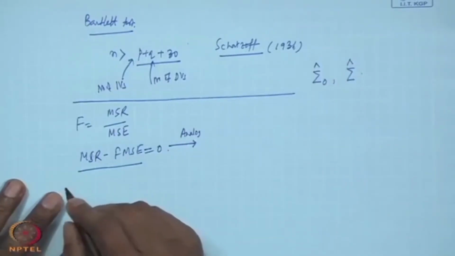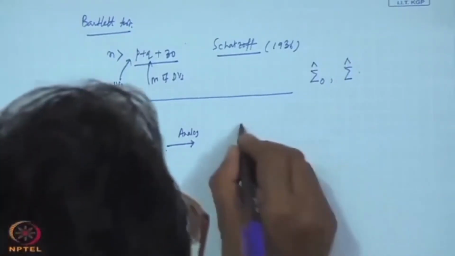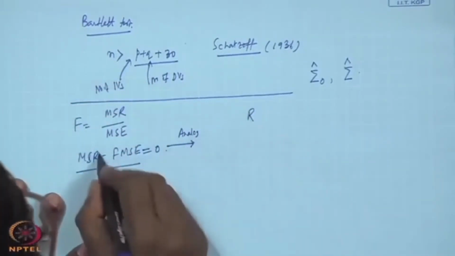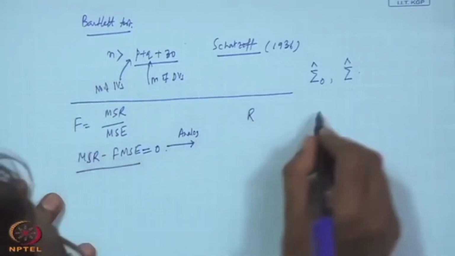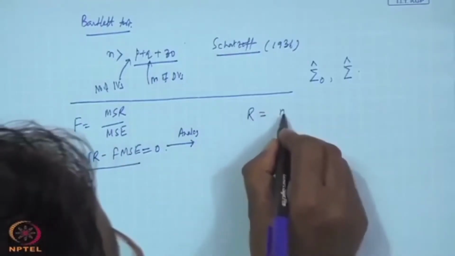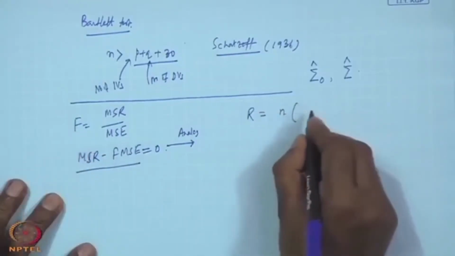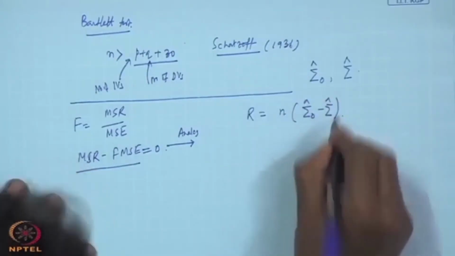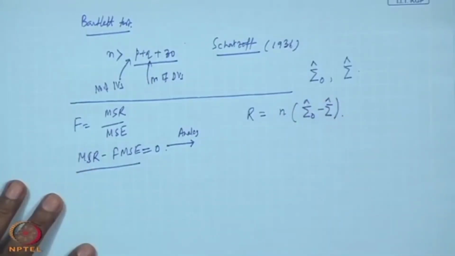Okay. Now you can create one statistic, which is basically R, similar to R because of the regression. You can create it like this, R equal to this.